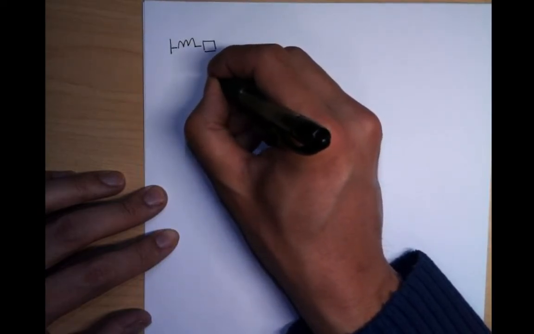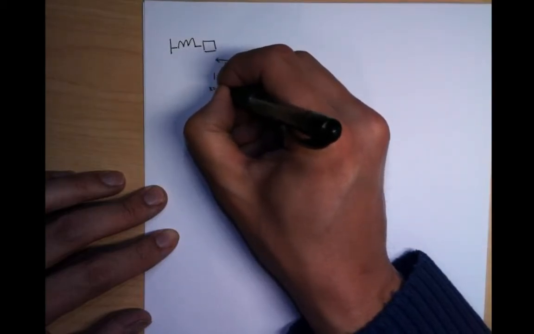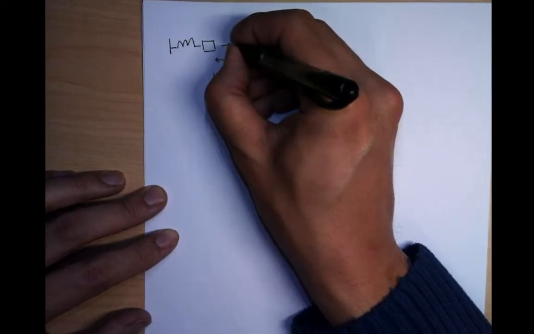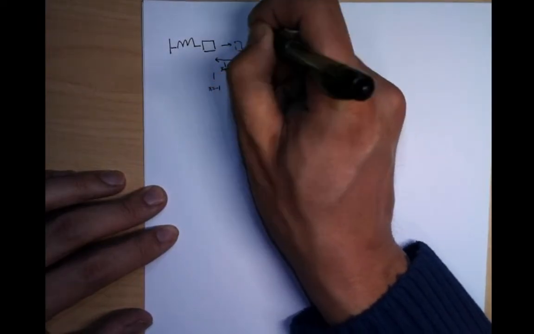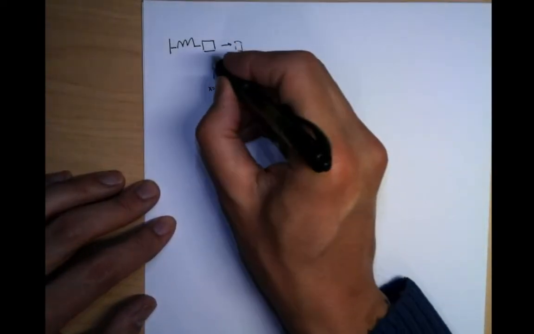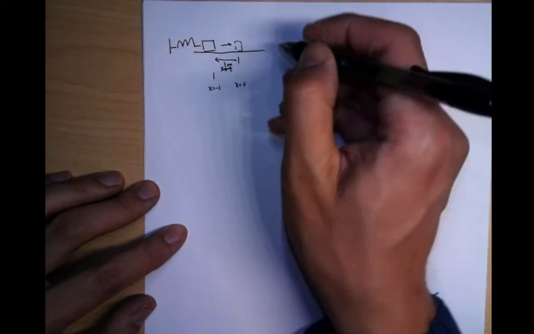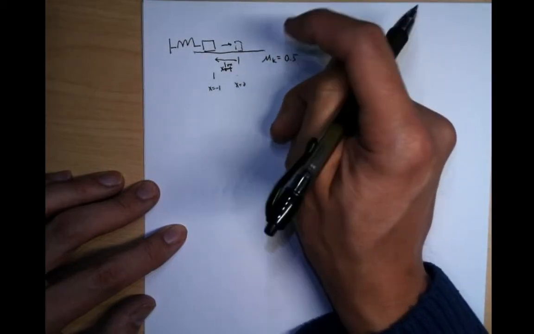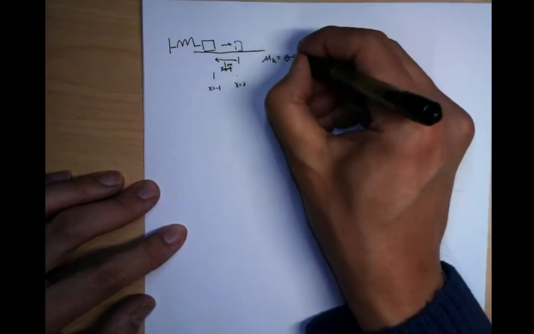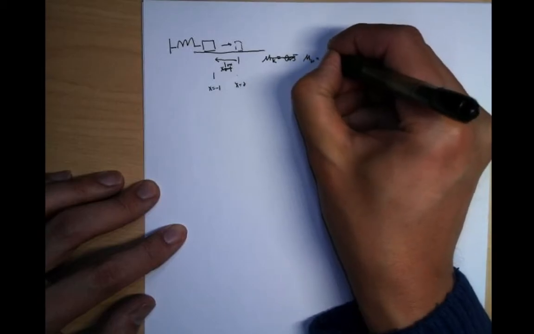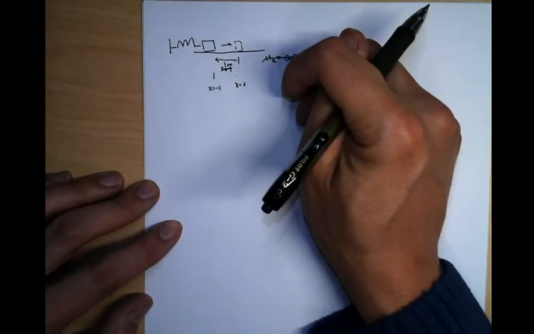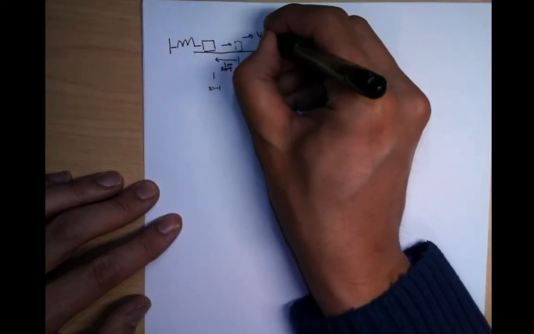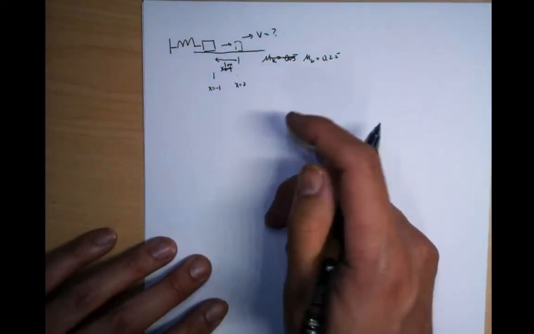So this is x equals minus 1. Then x equals 0, and I'm going to let this thing spring back until it gets to this point here. Now I'm putting it on some surface, which has a coefficient of kinetic friction equal to 0.5, is that right? No, 0.25 instead. And I want to see what's the velocity v at that point.